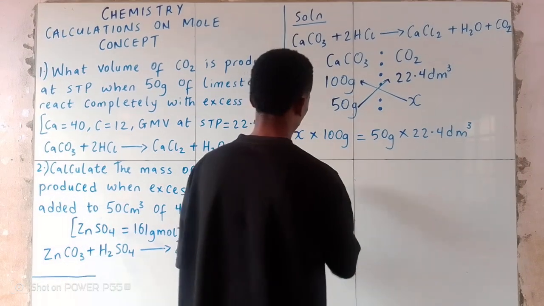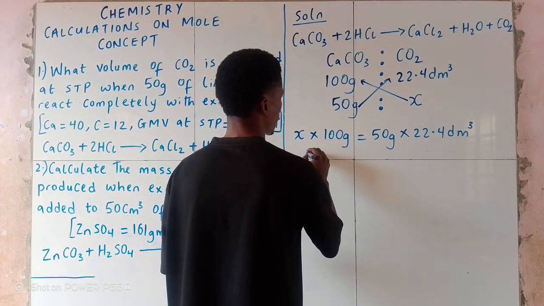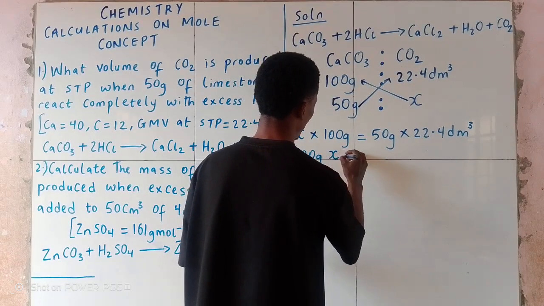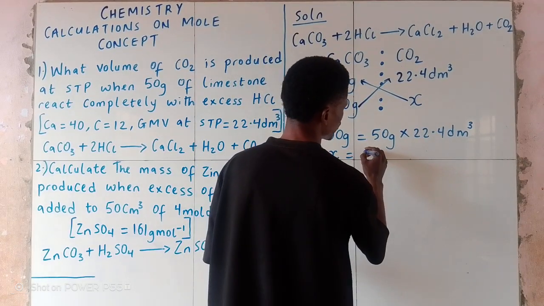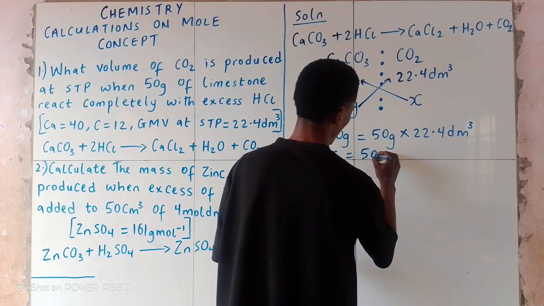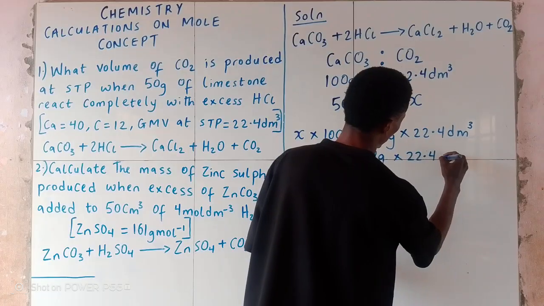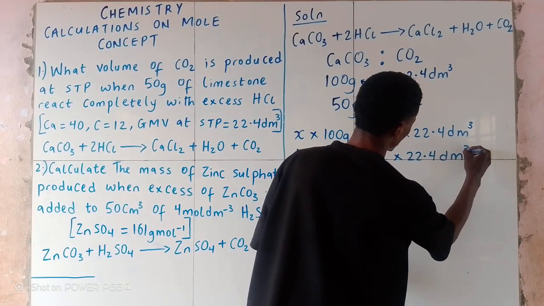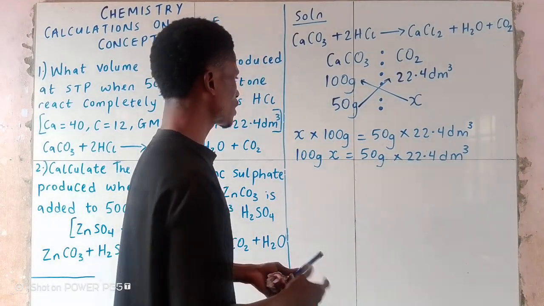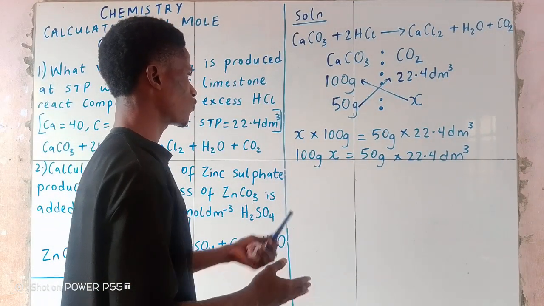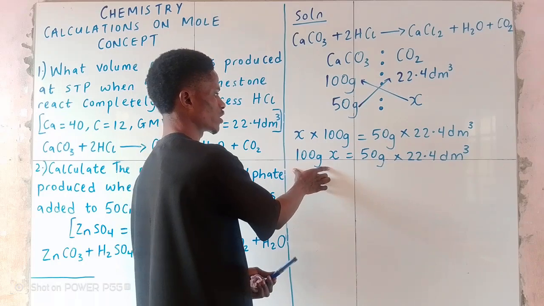From here, I'm going to have 100 gram x equal to 50 gram multiplied by 22.4 dm³. My next step is to divide both sides by the coefficient of x, which is 100 gram.